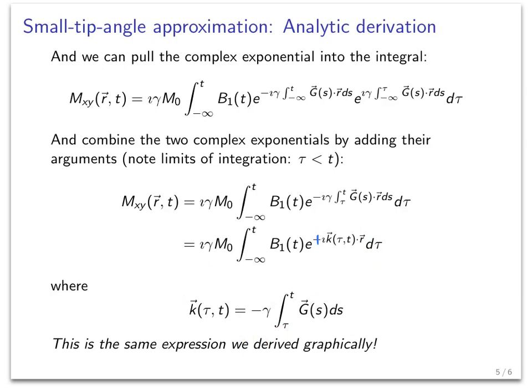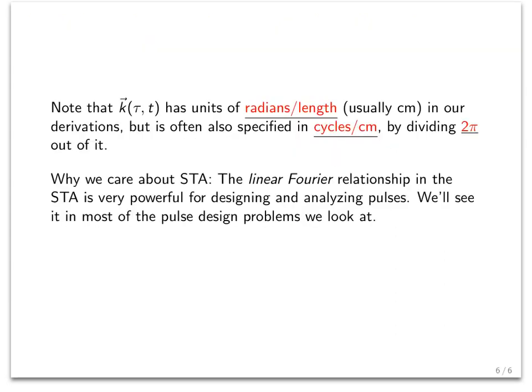Right, so there's another mistake here that I just noticed, which is that this guy should be tau. And that's it right there. Thanks. Okay, so k of tau comma t has units of radians per length, and in practice it's usually centimeters that we use.